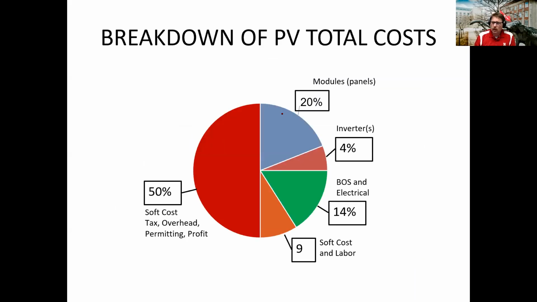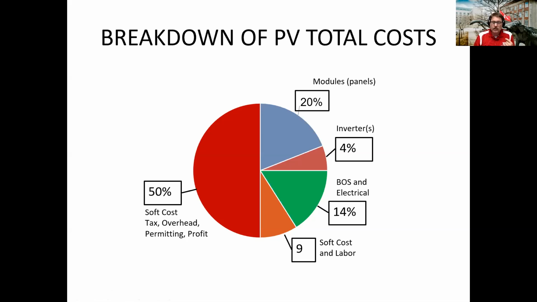Let's break down those costs just a little bit. The modules, remember, are what actually decreased in price over that time period that drove that down. But the modules are only 20% of the cost of the system. The inverter's 4%, the balance of the system electrical is 14%, and the soft costs like permits and fees are 9%.